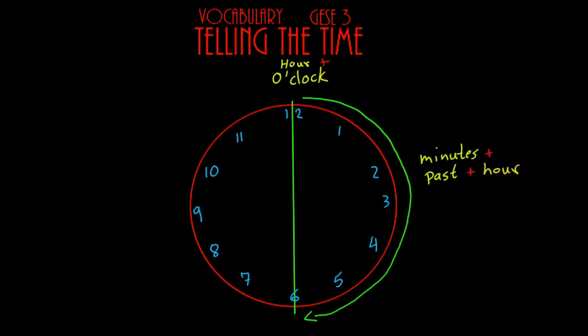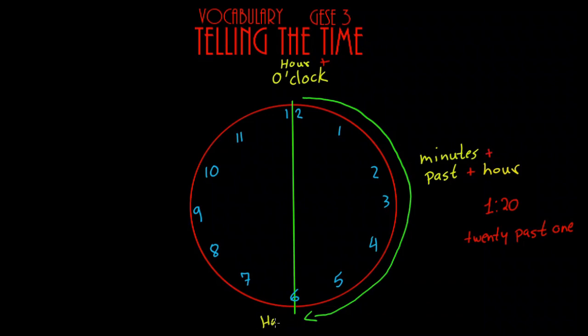So if the time is 1:20, it would be 20 past 1. Okay, that's an example.